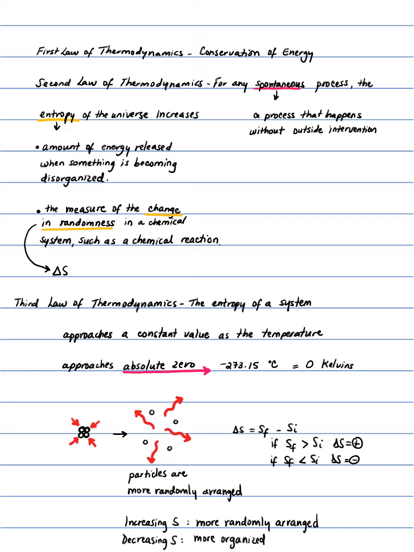When I'm going over entropy, I like to use my simple sketch to represent this movement of energy when something is becoming disorganized. In the sketch on the left, I have four circles, and let's assume each circle represents a particle. So I have four particles on the left, and as you can see, they're very close to each other.